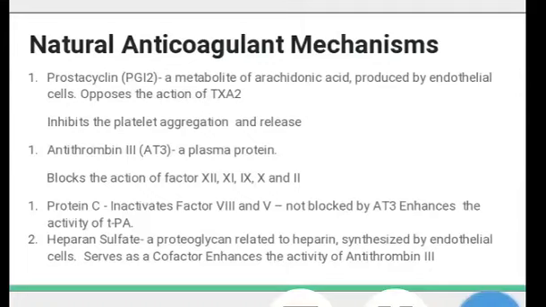This thromboxane A2 helps in the coagulation system, or initiates coagulation. Again, after inhibition of this thromboxane A2, we inhibit platelet aggregation, and inhibition of platelet aggregation definitely denies the formation of clot.